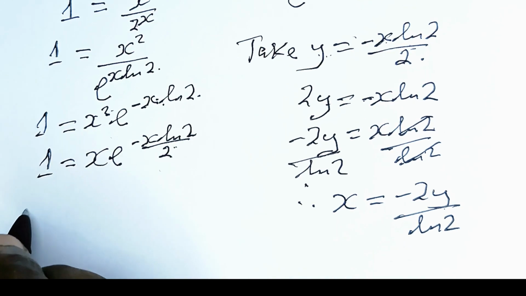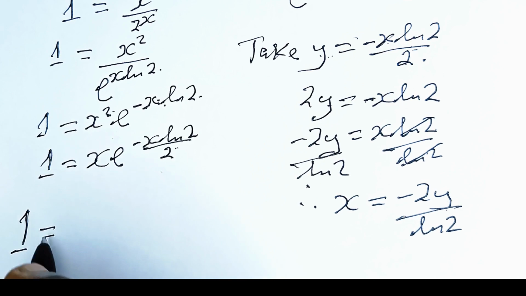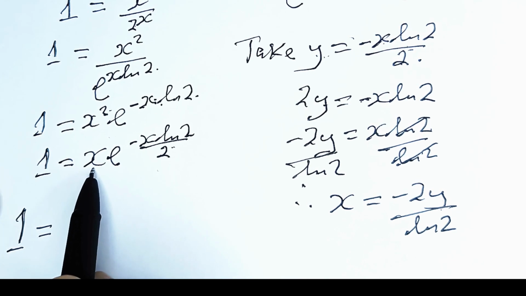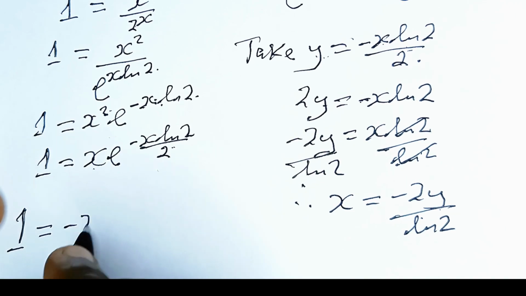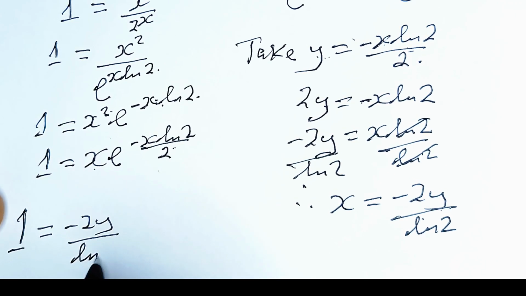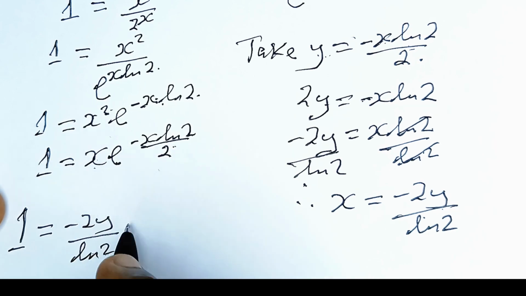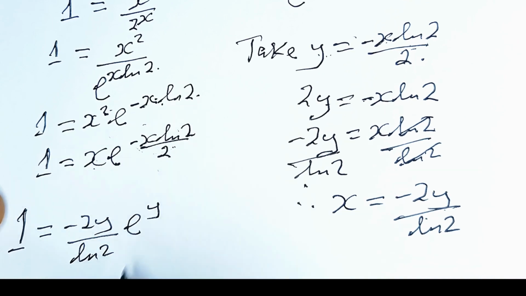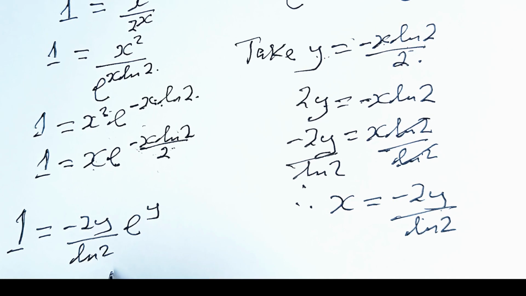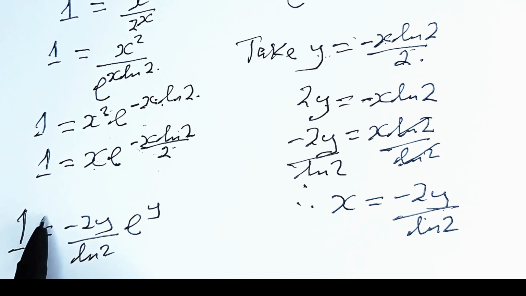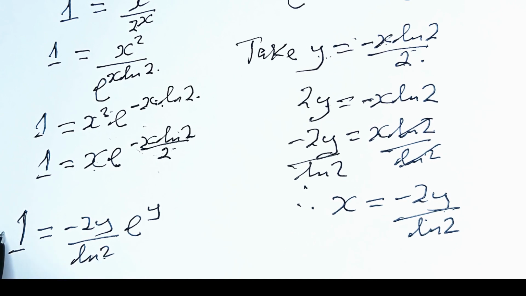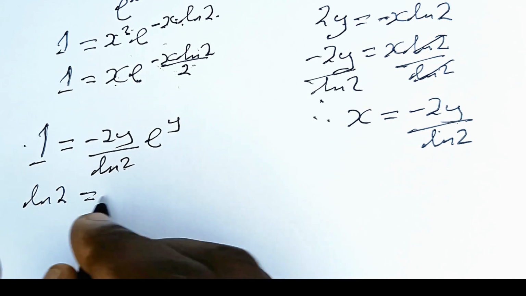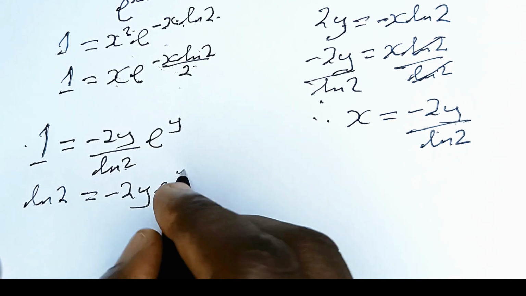So let's try that out. So it means we have 1 is equal to, now we have this, which is our x, which is represented by this, minus 2y divided by ln 2. Exponential, all these will be represented by y, exponential y. Now, by cross multiplication, ln 2 comes here. So we have ln 2 is equal to minus 2y exponential y.